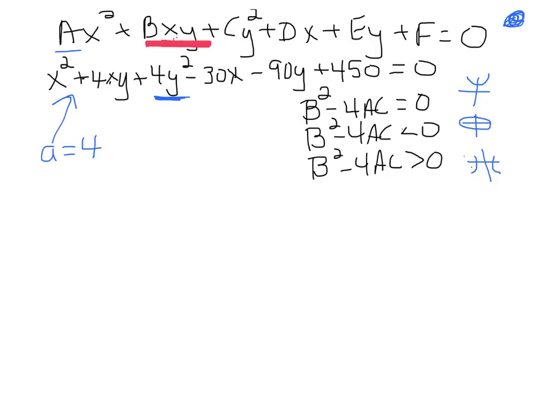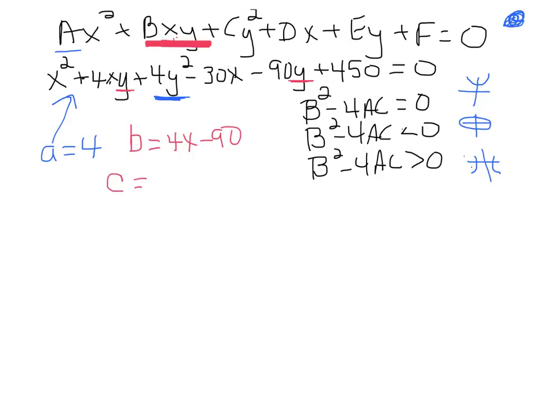The linear term is going to be the coefficient that goes with the y's. Since the 4 went with the y squared, now we have to see what coefficients go with the y term, and that's going to be our b. So our b is going to be 4x minus 90, because that's the number in front of the y term. And then our c is going to be anything that's left over.